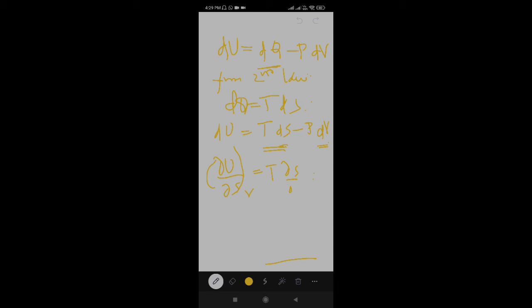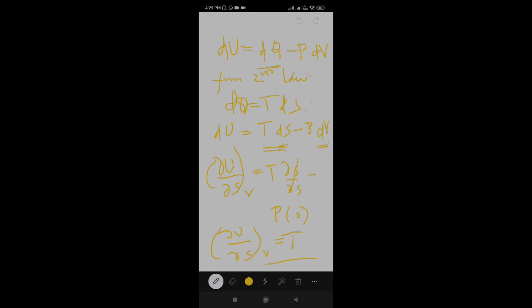Dou s by dou s is 1. Minus, what about P dv? I am considering this differentiation with respect to s at constant volume, so dv will be 0. So you get one equation: dou u by dou s at constant volume is equal to only T.